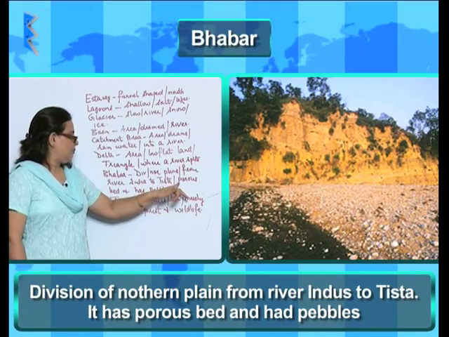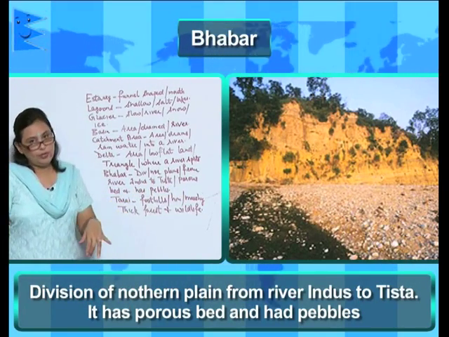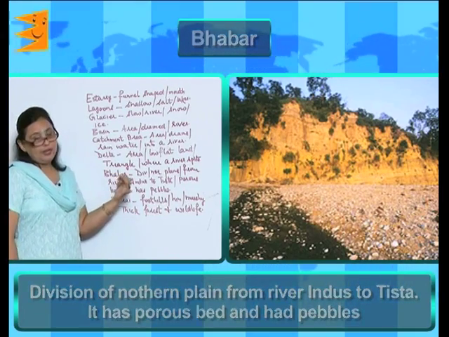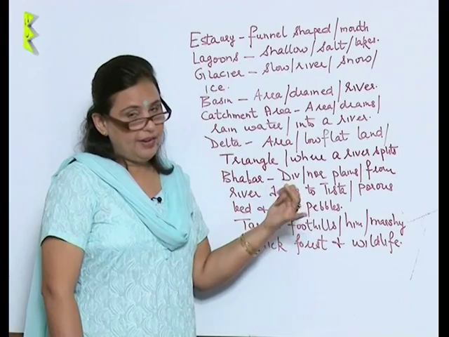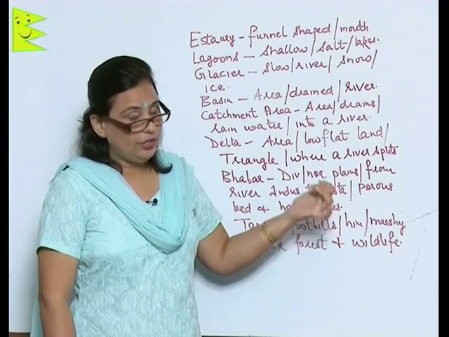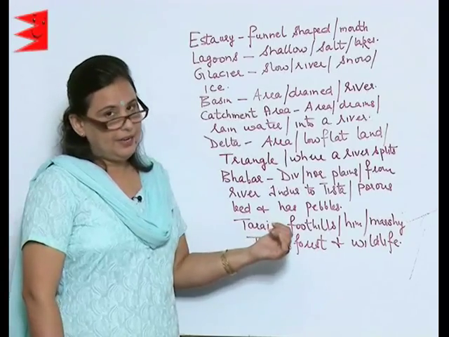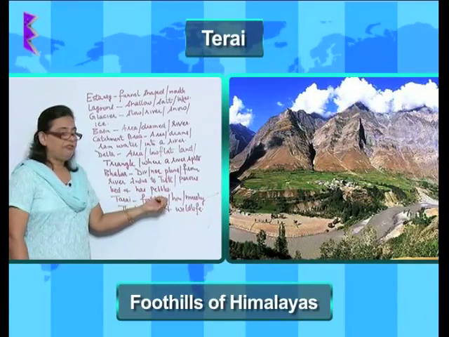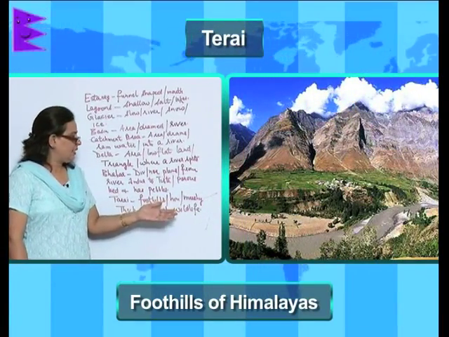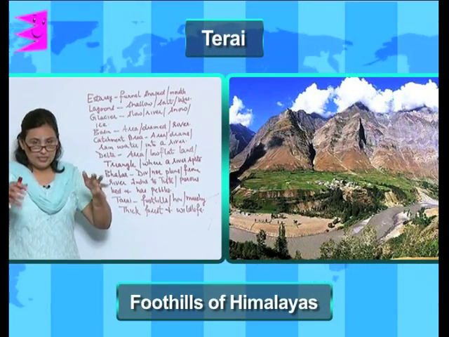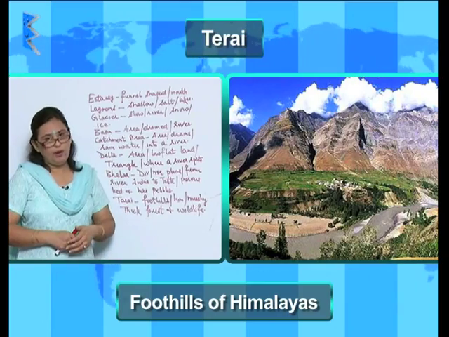It has a porous bed and it also has pebbles, that is the Babbar. This is a very important area. Remember, when I teach you, just remember about it. Next is the Tarai. Tarai are in fact the foothills of Himalayas, and it is a very marshy area. It has thick forest and wildlife.